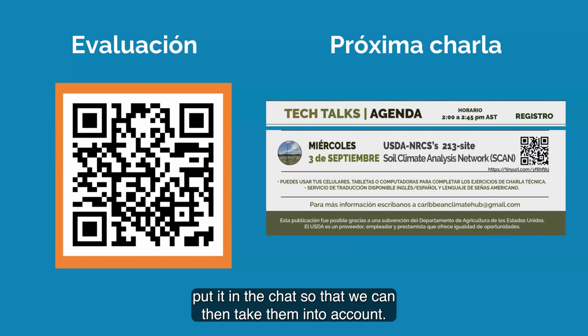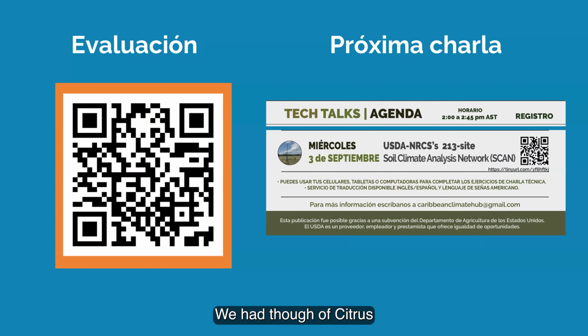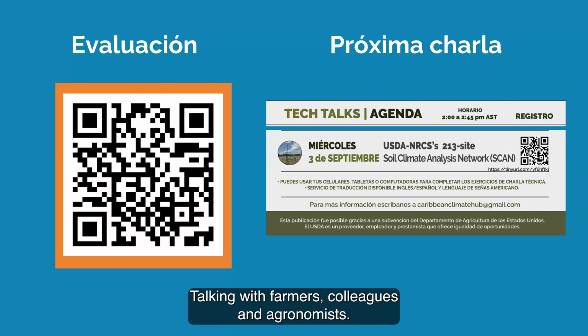put it in the chat so that we can then take them into account. We had thought on citrus, bananas, avocados, mango. There's an interest in mangoes, talking with farmers, colleagues, and agronomists.